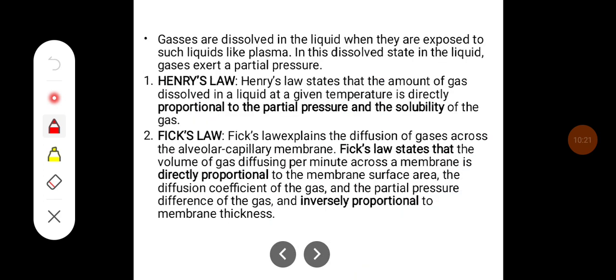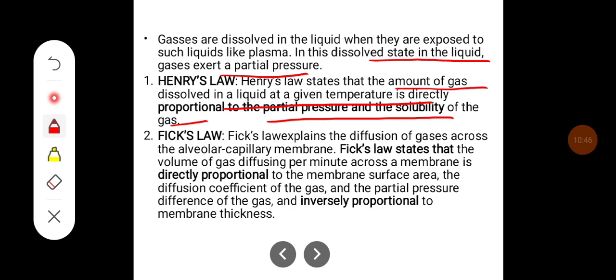The gases that are dissolved in the liquid, when they are exposed to liquids like plasma, in this dissolved state, gases exert partial pressure. So Henry's law states that the amount of gas dissolved in a liquid at a given temperature is directly proportional to the partial pressure and the solubility of the gas.